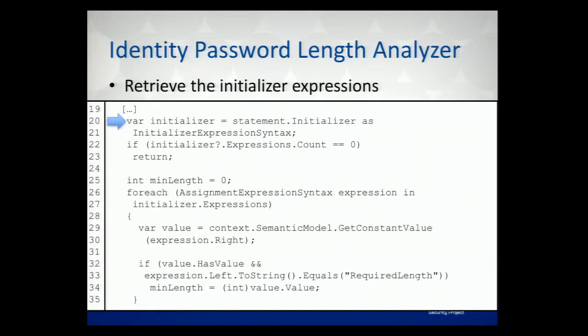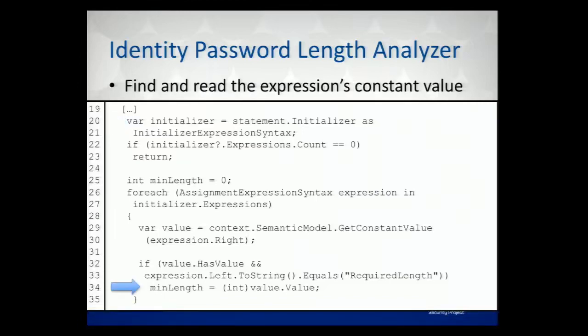All we simply do now is grab those initializer expressions that were those lists of properties being set, and we can simply loop through them until we find the one that has a left, which is the left side of the expression, equal to required length. And then we can grab its value. So now we have whatever that number is that the property was set to, which in this case was 6.